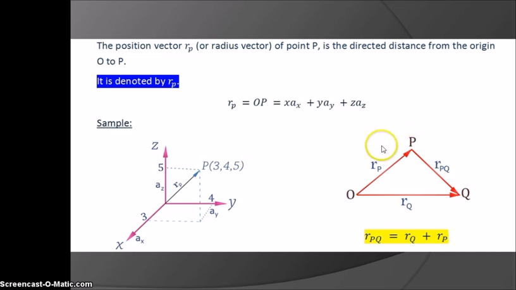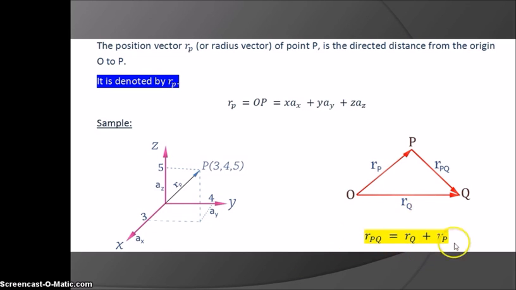Then when we want to solve position vector problems, this diagram is going to be of help to us, because this is how it is orientated. So we have this distance P to Q. The position vector RP is this, and this is RQ.